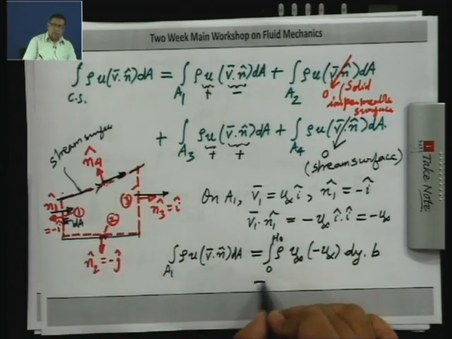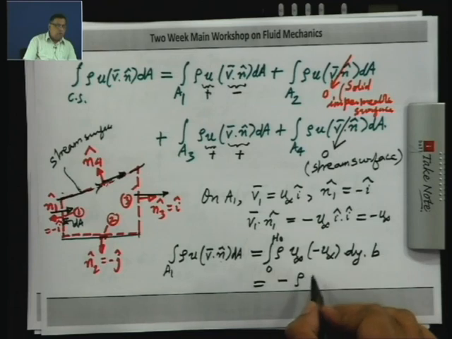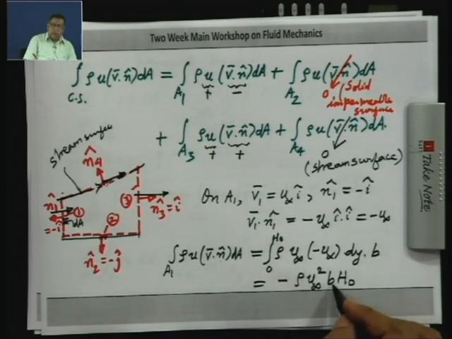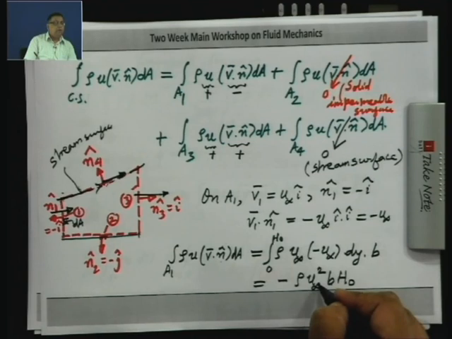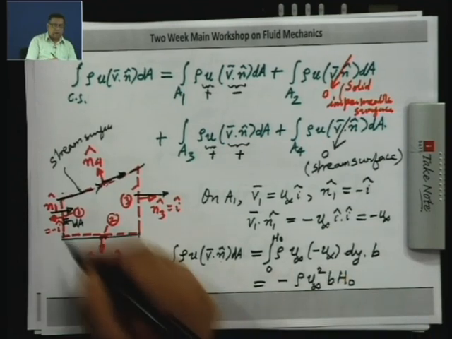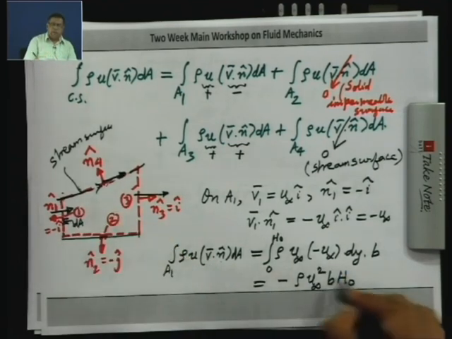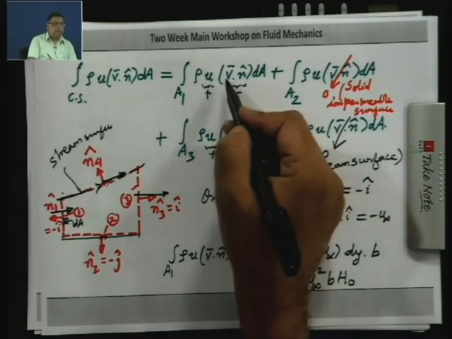So, this will simply be minus rho u infinity squared into b into h naught. So, b into h naught is your A1, the area of this surface. So, it is minus rho into the velocity squared on the surface 1 into the area. So, that is the first integral.